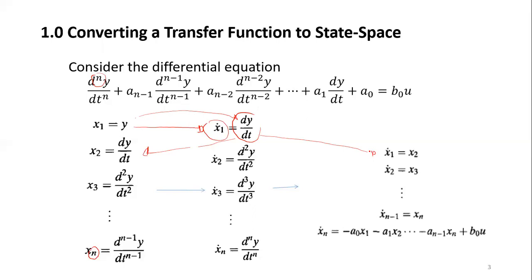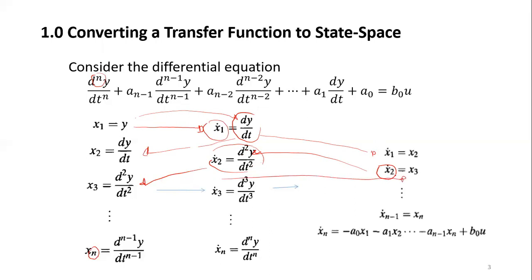Then for x2 dot, we differentiate it, so it becomes the double differentiation of the y signal, which in state variable form is x3. So that's how it comes to x3.